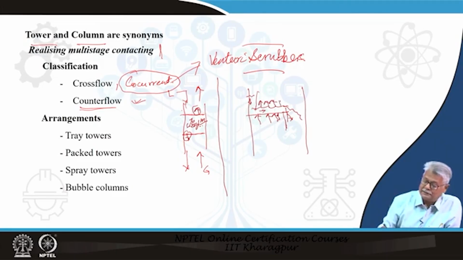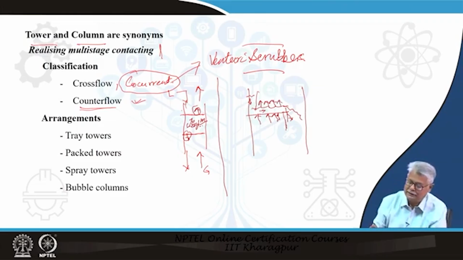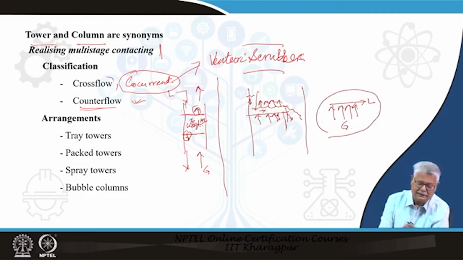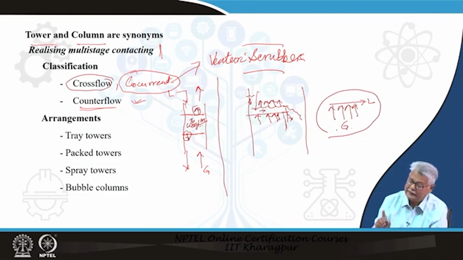Now, if you look at this particular type of contacting, here is the liquid flow and here is your gas flow. So, what type of contacting is it? It is basically a cross flow. So, on a tray there is a cross flow, except in one type of tray.